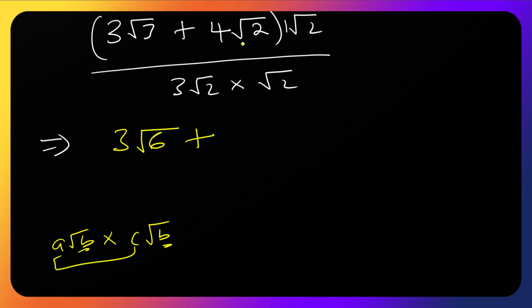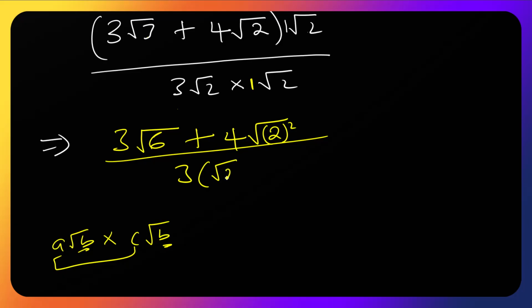So this one times that, 1 times 4 is 4, and root 2 times root 2 will be root 2 all squared. Okay, so this times that, 1 times 3, 3, root 2 times root 2 is root 2 all squared.